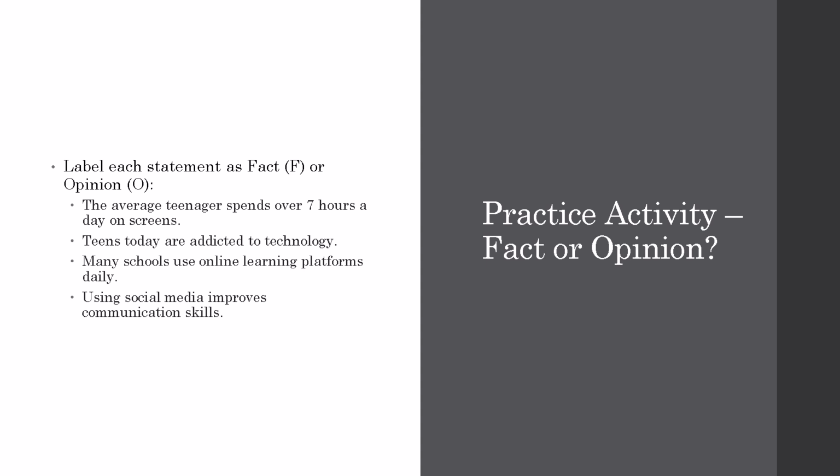The first one is the average teenager spends over 7 hours a day on screens. The second one is teens today are addicted to technology. The third is many schools use online learning platforms daily. And the fourth is using social media improves communication skills. So next to each one, I want you to write down whether this is a fact or an opinion.